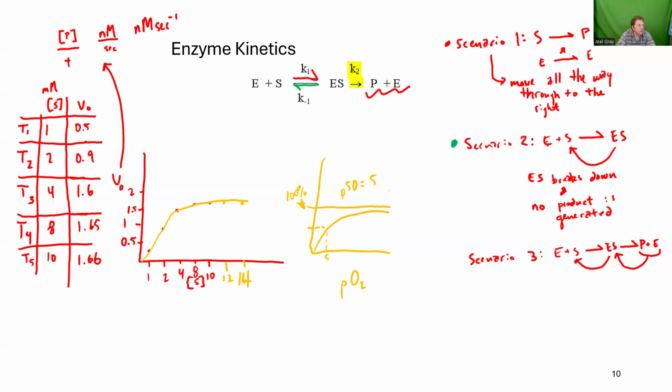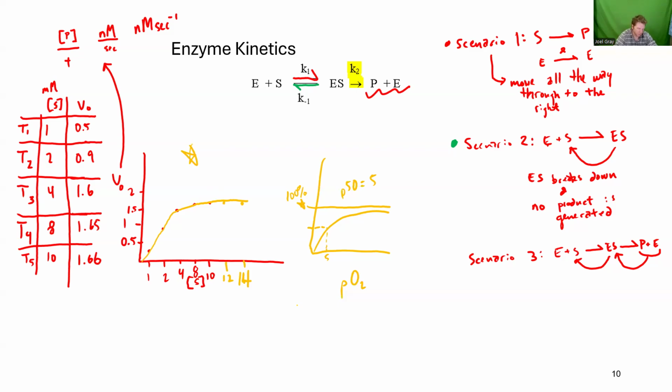Okay, great. Now, looking at this curve right here, the one on the left, this is an enzyme kinetics graph. And effectively, we've got a similar shape and similar kinds of parameters. We've got a level of saturation where you can add more and more substrate, but it's not going to matter because the enzyme can't get any faster.